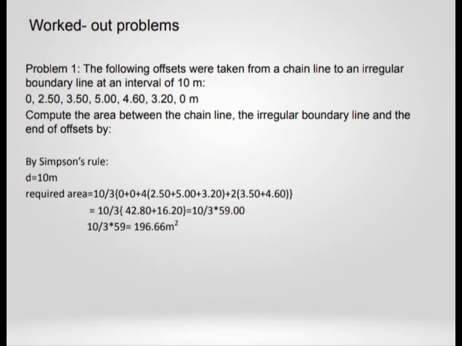So in this scenario, we have to work this out: 10 over 3 times 59 is the result, or the answer is 196.66 square meters. So that's the computed area between the chain line and the irregular boundary line and the ends of offsets by using Simpson's rule.